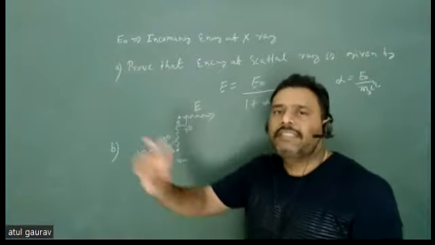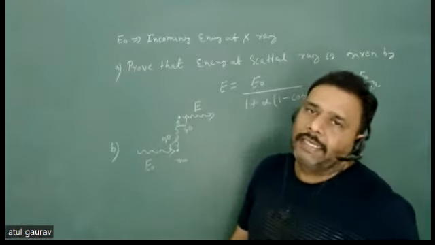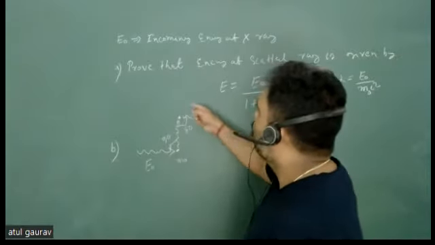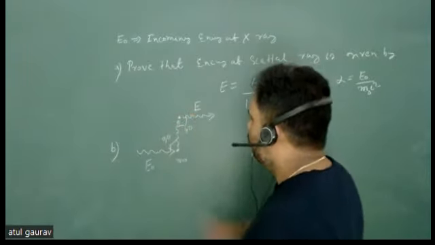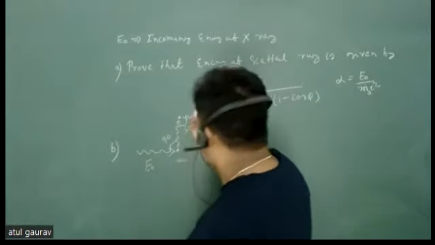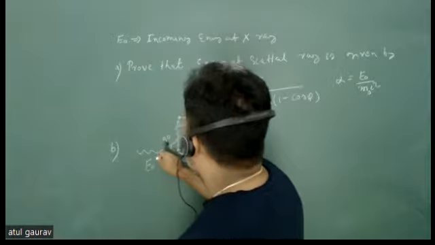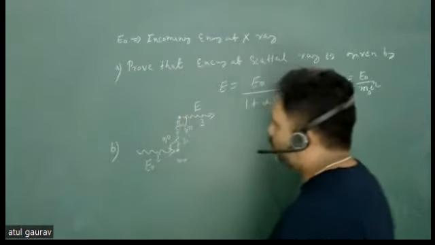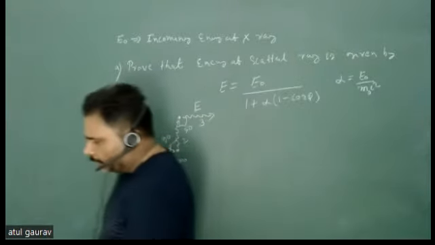So there are two successive collisions at 90 degrees. What will be the final energy of the second scattered photon? So this is basically the third one: incoming, first one, second one, and third one. What will be the energy of this third one? Are you getting my point? Is it understood?